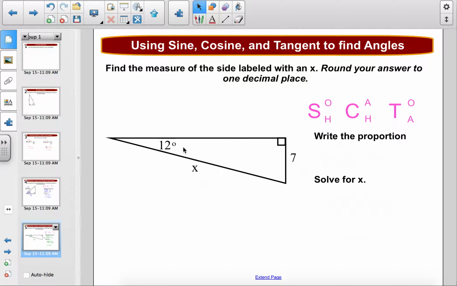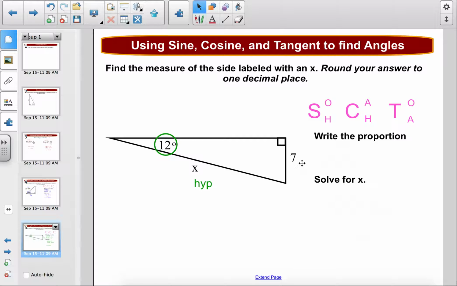First off, what I like to do is circle the angle. So 12 degrees, that's the angle I'm talking about. Then we have to decide SOHCAHTOA, so we have to decide opposite, adjacent, or hypotenuse. x is obviously the hypotenuse because it's the longest side. It's across from the right angle. 7 is either next to or across from the 12.